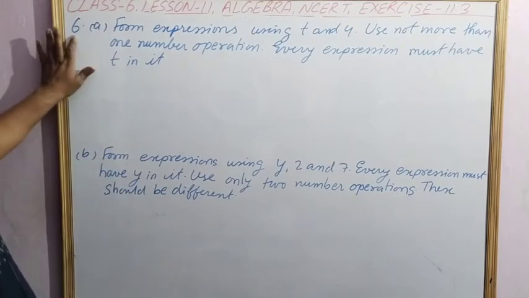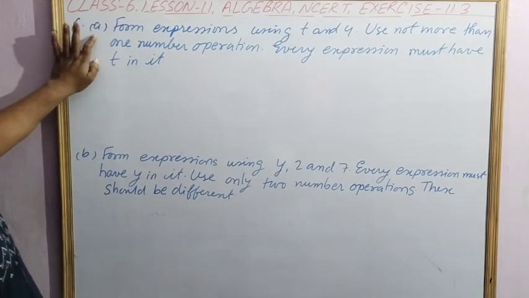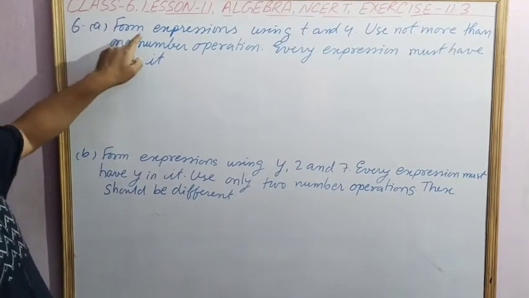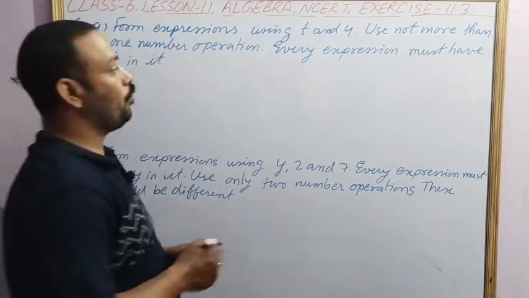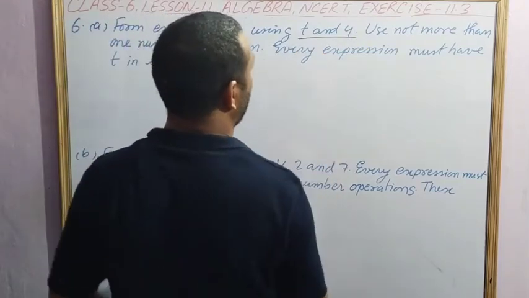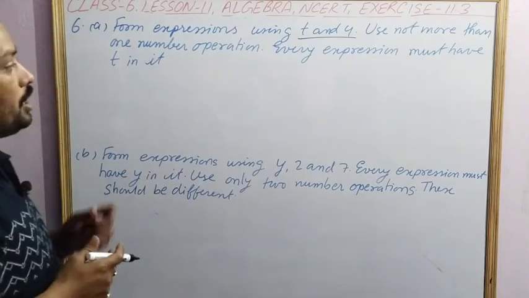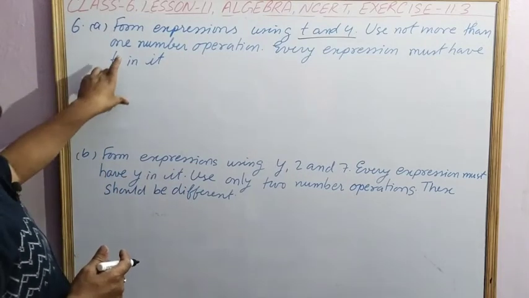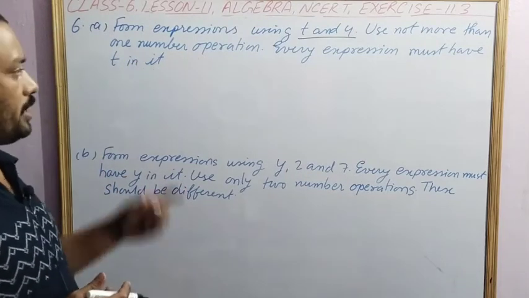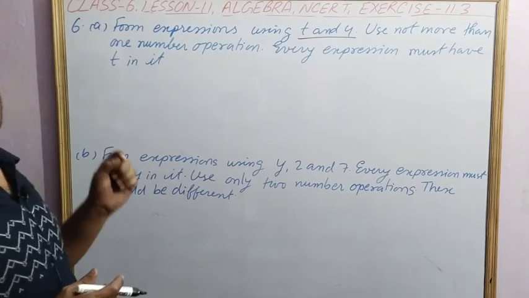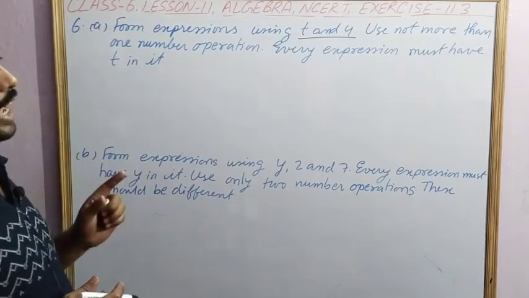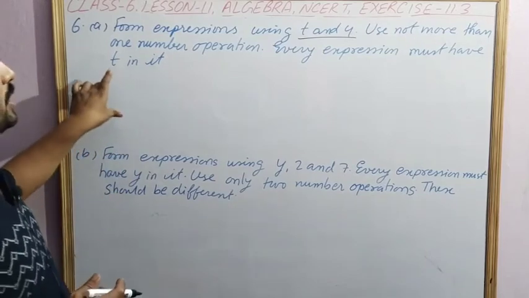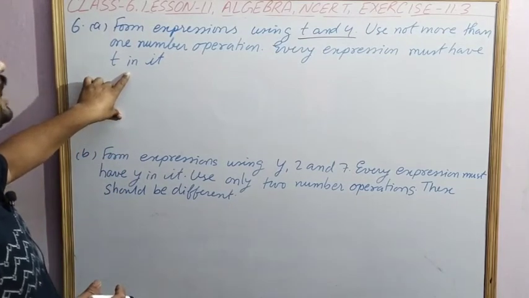Question number 6, we have two sub questions. First sub question A: form expressions using t and 4. Use not more than one number operation. That means you have to use only one operation at one time, and each expression must have t in it.